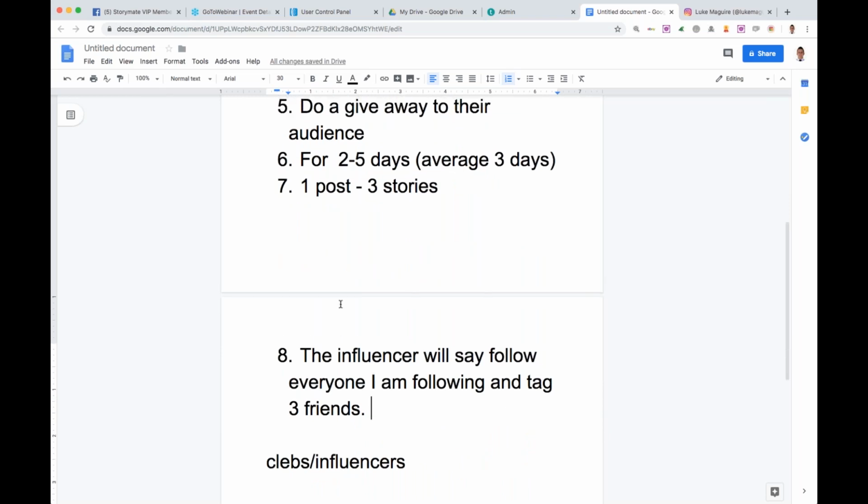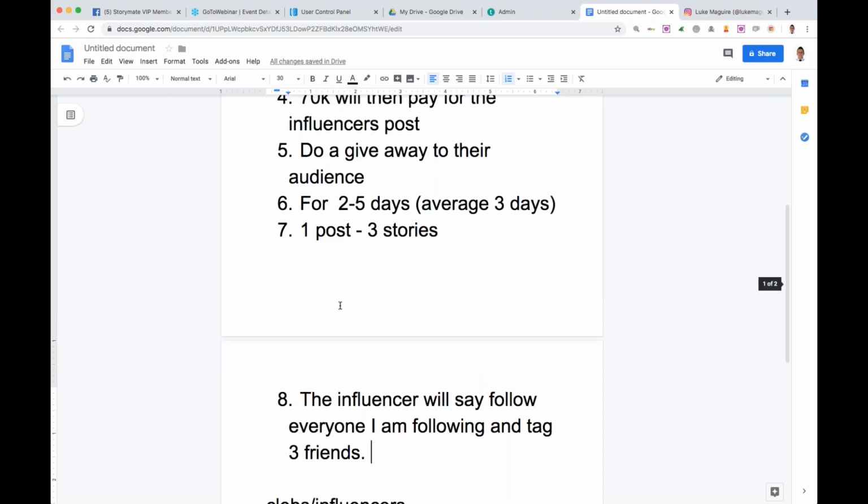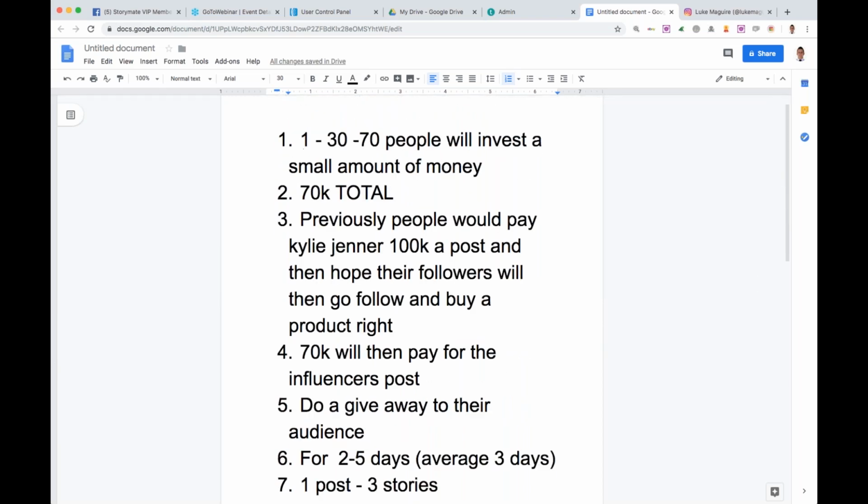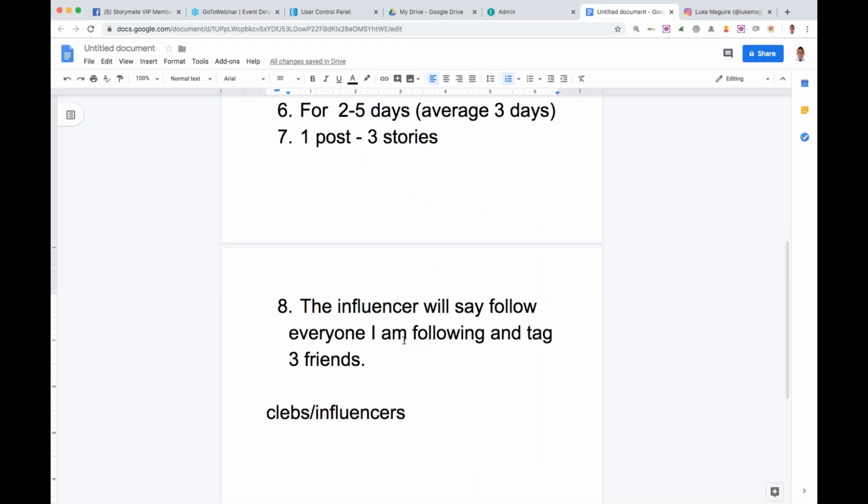He then goes ahead and follows the 30 to 70 people that have invested the money for that promotion. And then he'll say, tag 3 friends in this post, because obviously the influencer wants to grow their social media account. So of course, that's another benefit for them, because people are going to tag in there to give away, because they want to win the cash. And then their brand gets exposed more to other people.